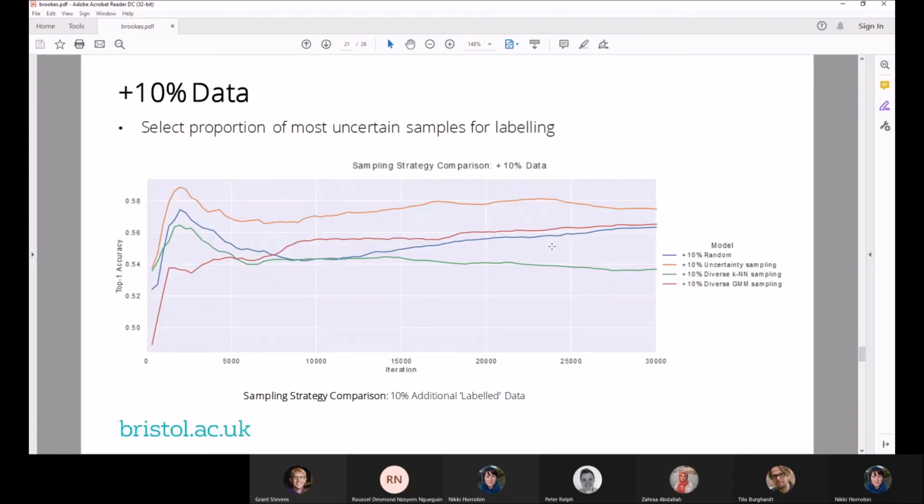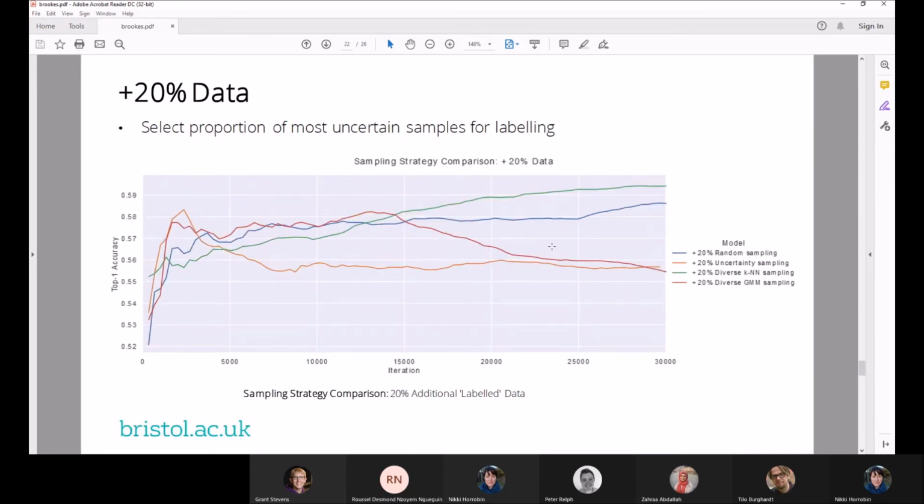And then we just compare sampling strategies at different ratios of data. So at 10% additional data, we can see that the uncertainty sampling methods seem to outperform the diversity sampling methods. Interestingly, when we add 20% of data, we can see that the supervised diverse methods of sampling perform best, and our uncertainty sampling methods perform worst.